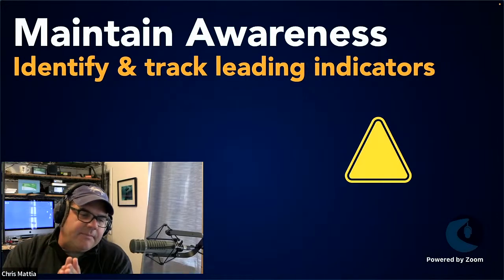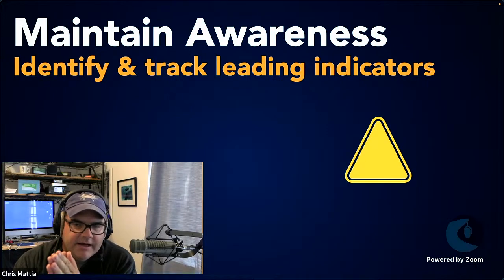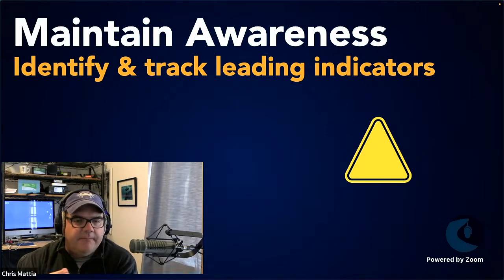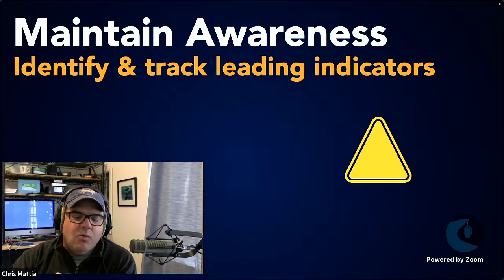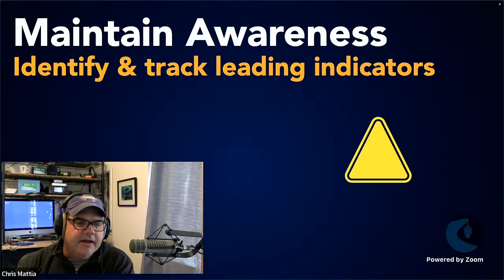When we're talking about the warning system that comes out from what you're going to be monitoring, you're looking to maintain your awareness. What you want to do is identify and track whatever the leading indicators are for this particular type of disaster that you're having to deal with.